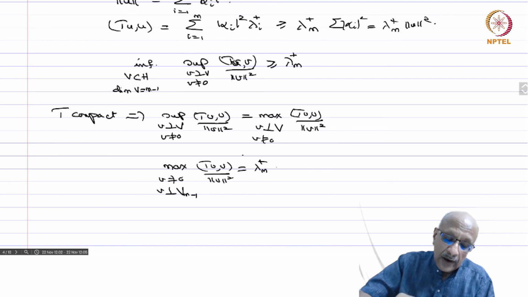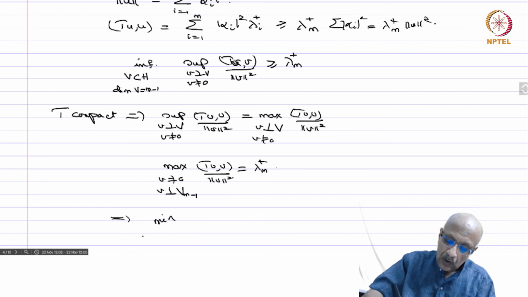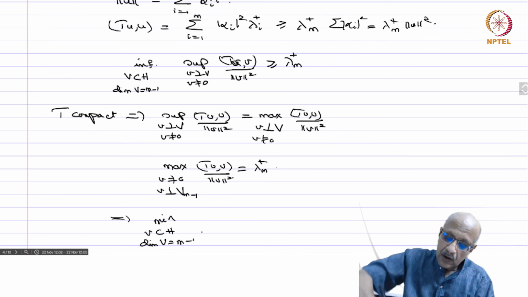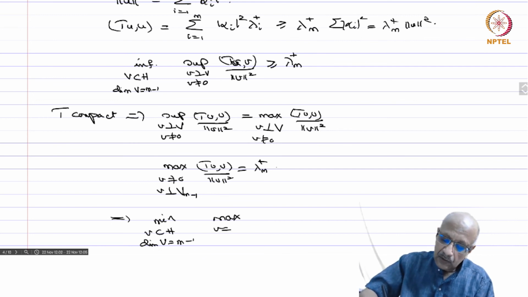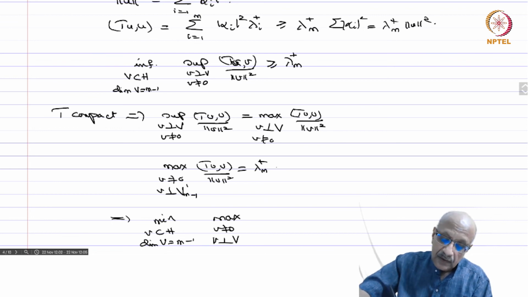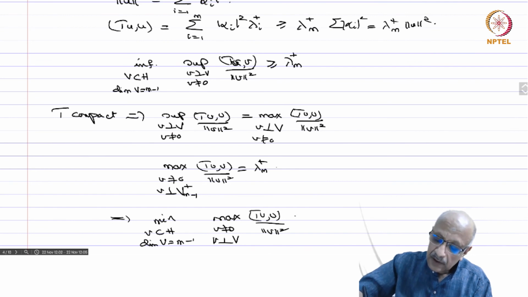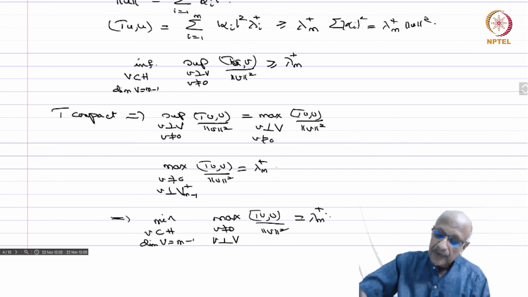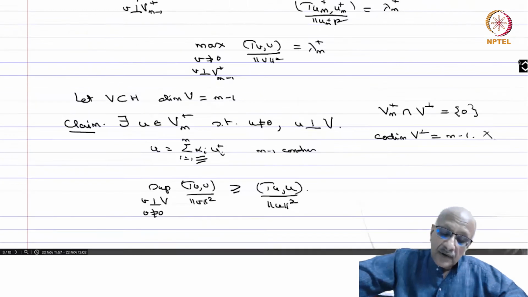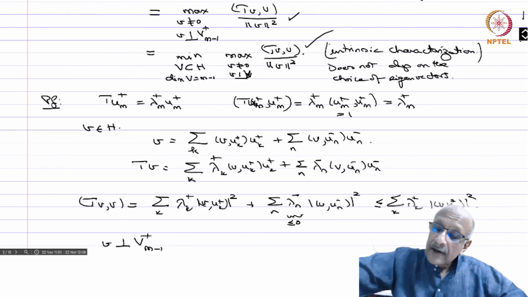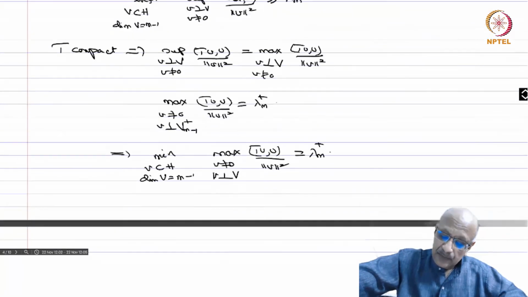So there is one space for which this is attained, and therefore this implies that the min over all V contained in H, dimension V equals m minus 1, of the max over v not equal to 0, v orthogonal to V, of (Tv,v) by norm v square is in fact equal to lambda m plus. So that is the third statement which we have proved. So we have proved all the three statements.